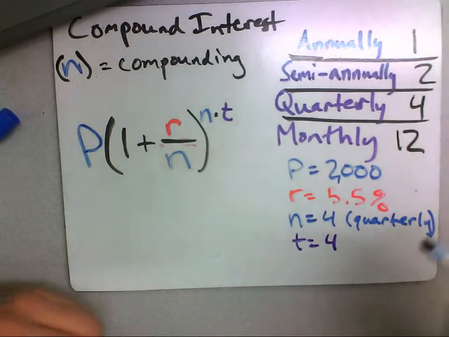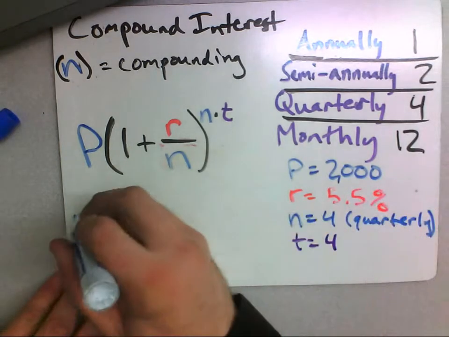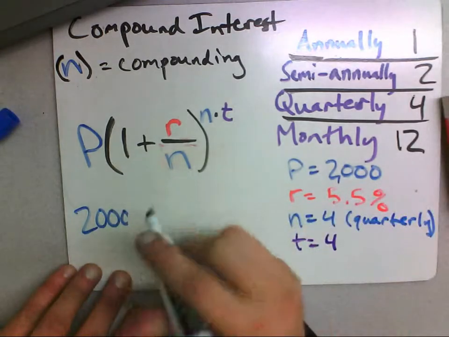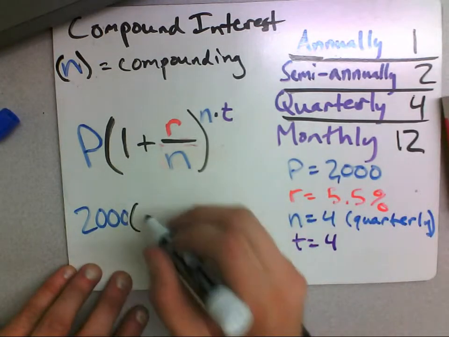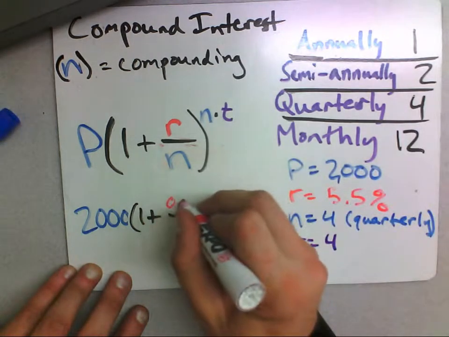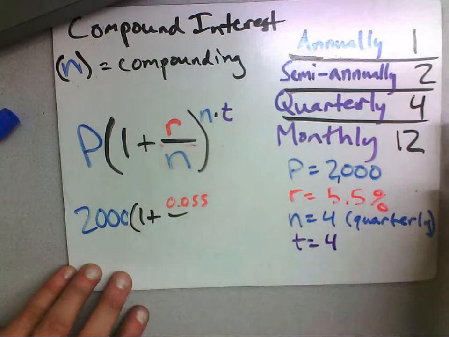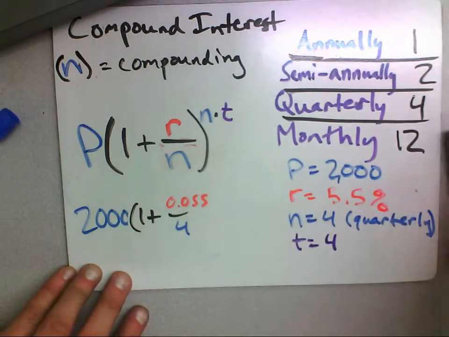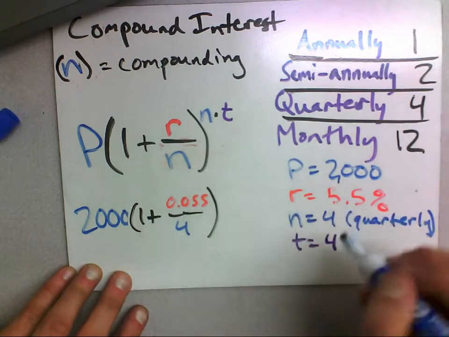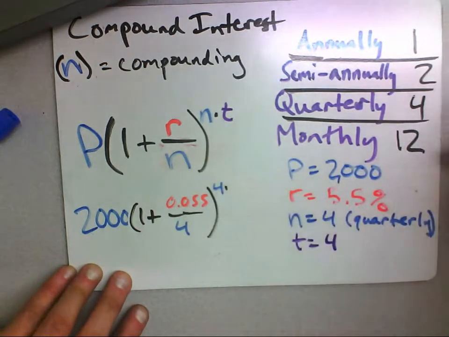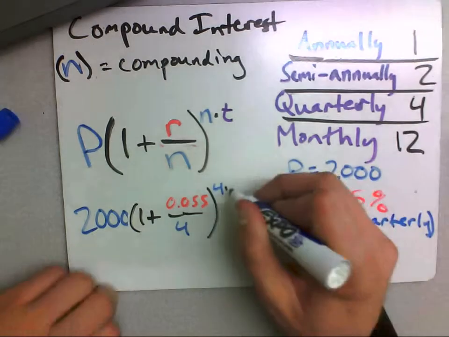So let's plug in some numbers and multiply. So our principal times 1 plus our rate, 5.5%, over our compounding periods, raised to the compounding periods times the time in years.